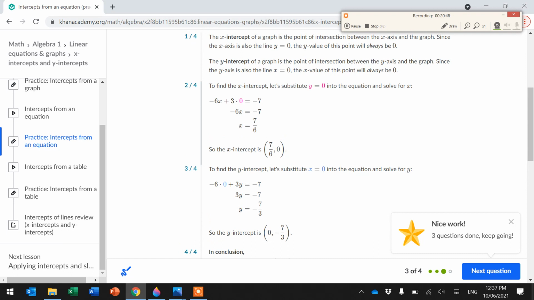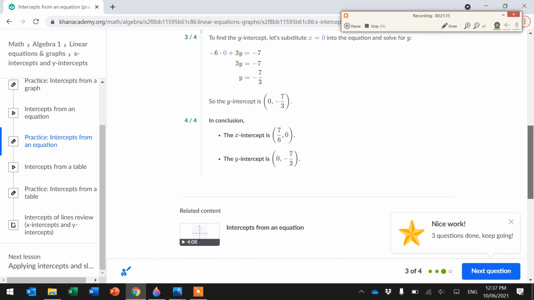At the start here, we have the unknown, minus 6 plus 3 times 0, which of course just makes it 0, so it's minus 6 times x. We want to get that minus 6 out of there, so we divide both sides by minus 6. Minus 7 divided by minus 6, the two minuses end up making a positive.